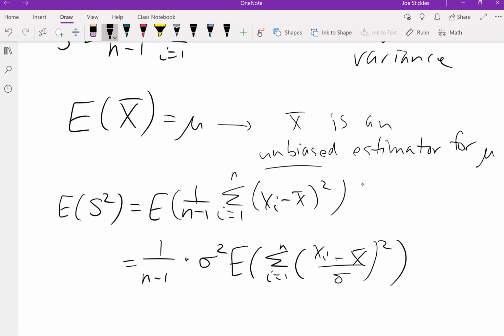To save space, I'm going to do 2 steps at once and then stick it inside the squared. It's basically that middle piece that we had in the proof. Why did I put the variance in there? Standardized. Yeah, standardized it, right?